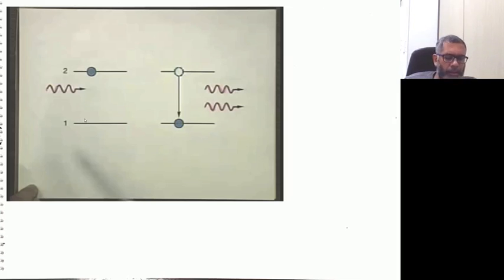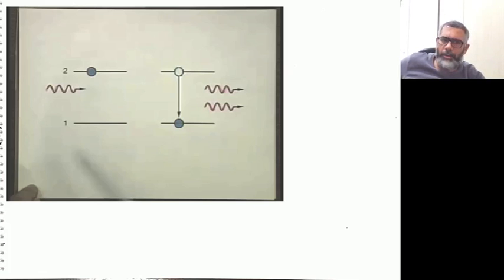Well, you may ask how the electron senses this photon. We don't know how it senses it, but what we know is that if the photon falls onto the electron, this happens, 100% of the time, not most of the time.